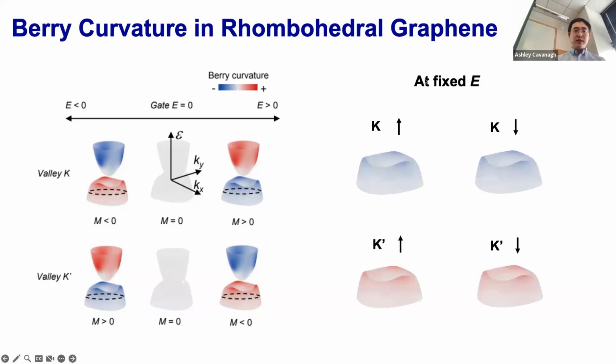And if you fix the electric field, then you have 4 Fermi surfaces that you could possibly feel, okay? K valley spin up, K valley spin down, K prime valley spin up, K prime valley spin down. And the symmetry breaking is all about choosing one of them or multiple of them when the electron correlation happens.